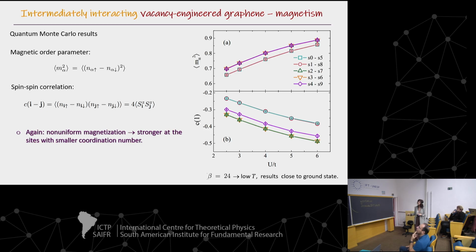And we see a stronger spin-spin correlation at the sites which have smaller coordination number. This is seen here. As you reduce the coordination number, the spin-spin correlation becomes stronger.